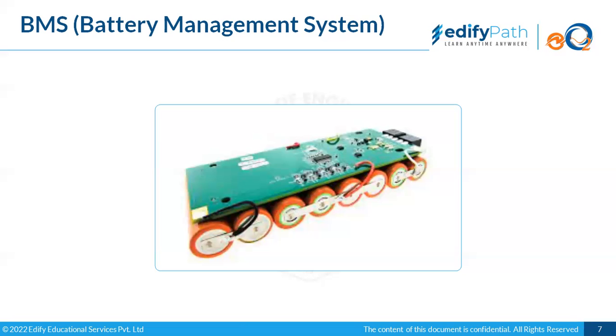Due to these conditions, the battery has to be balanced every time. Balanced in the sense that charging and discharging in every cell happens at the same rate. The BMS is also designed in such a way that it takes care of the imbalance.